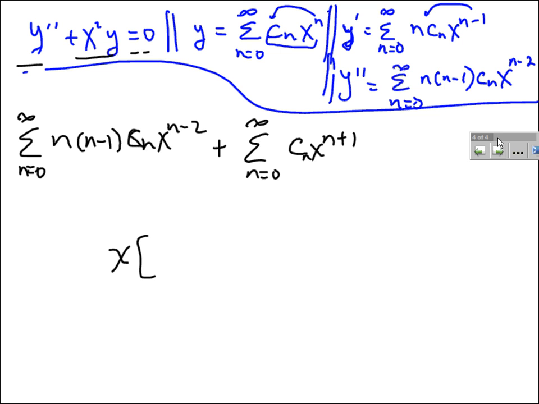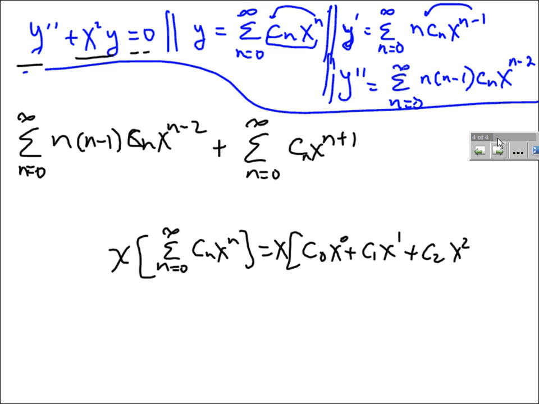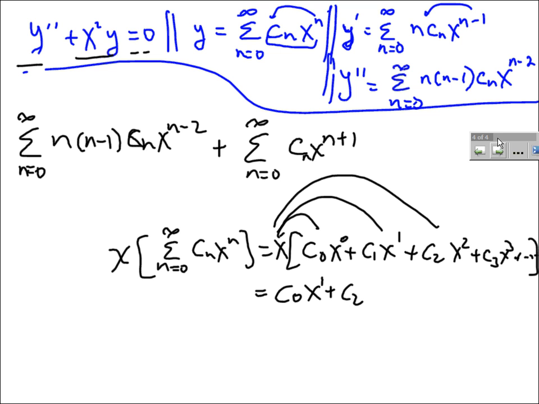Just remember, if you have x times this summation, it's x times the summation. It's c0 x to the 0 plus c1 x to the 1 plus c2 x squared, c3 x cubed, etc. But you could distribute the x, and you get c0 x to the 1 plus c1 x squared, excuse me. When you do x times c1 x, you get c1 x squared plus c2 x cubed plus c3 x to the 4th, etc.